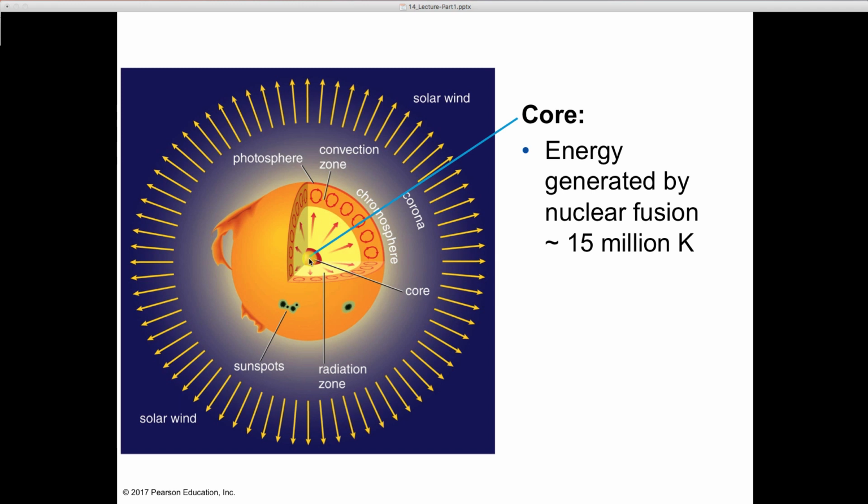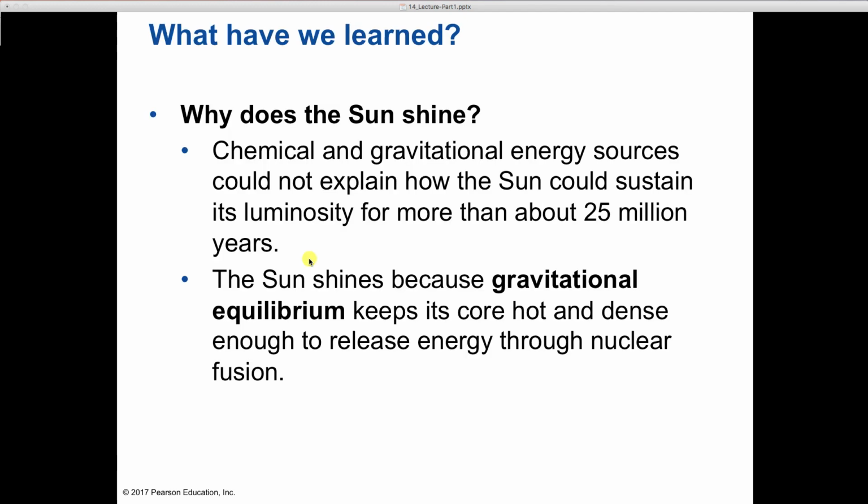And we'll talk a little bit more about some of those, especially the core and the nuclear reactions, in the next part. So in summary, gravitational and chemical energy sources can't be solely what's going on inside the sun, because if those were the only sources of energy, the sun would only last maybe 25 million years, and we know it lasts longer than that.